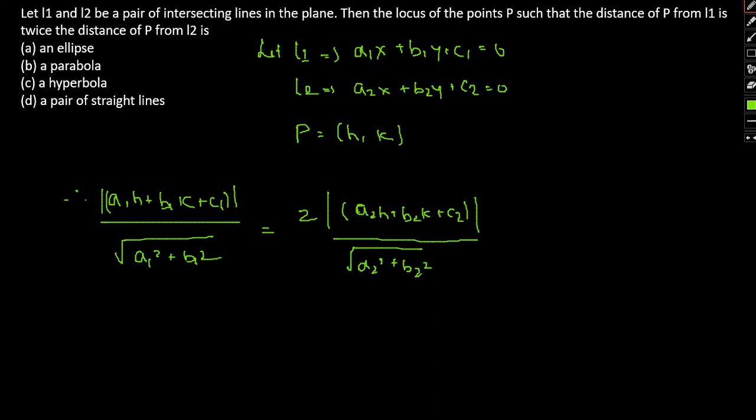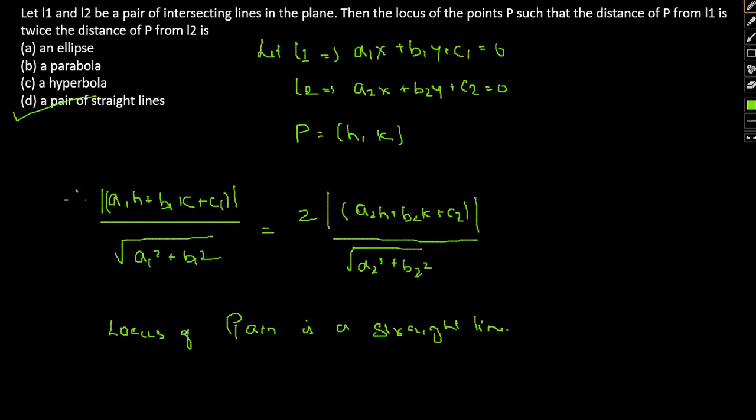So that is basically the locus of P is a straight line. Therefore option D is the correct answer pertaining to the question.